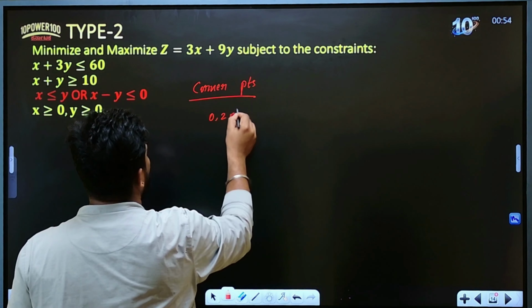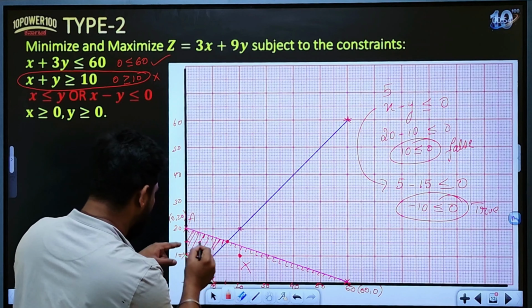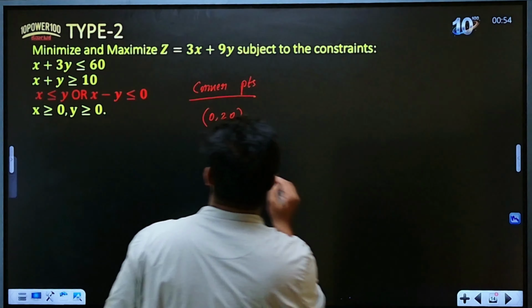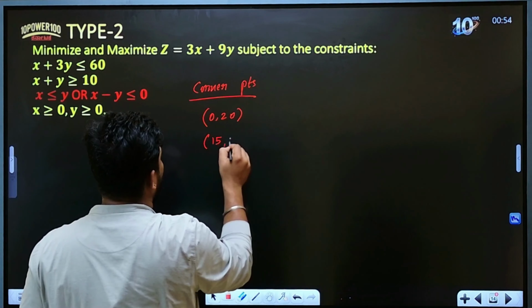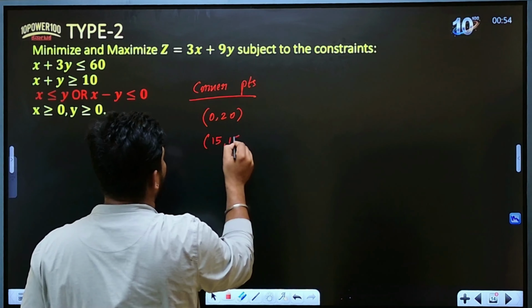So this is 15, 15. And this point is actually 5 comma 5, children, okay? And the last point is on the y-axis. If it is on the y-axis, you know that it is 0 comma 10. Okay, so we got 4 points.